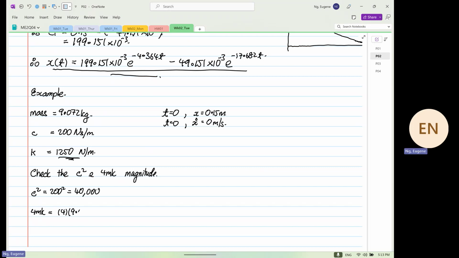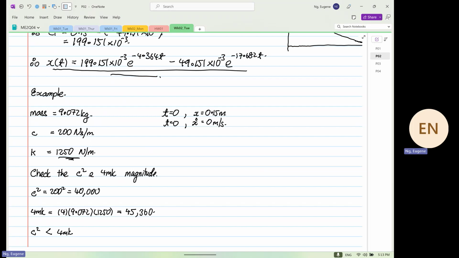Mass is still the same, and now the spring stiffness is 1250. So this will be equal to 4 times 9.072 times 1250, which is 45,360. So for this case, C squared is less than 4MK, right?